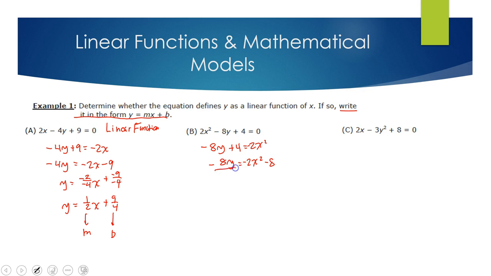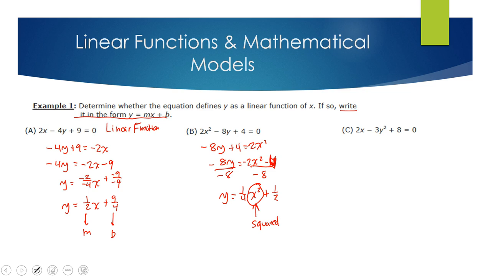And I'm going to divide both sides by negative 8. Again, I had to distribute, so negative 2 divided by negative 8 is a positive 1/4 x squared. Negative 4 divided by negative 8 is a positive 1/2. Looks very similar, but this is squared.